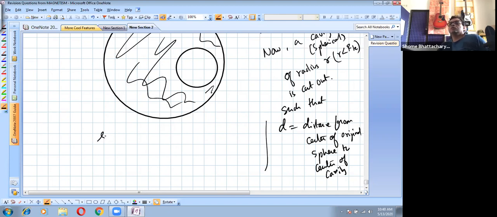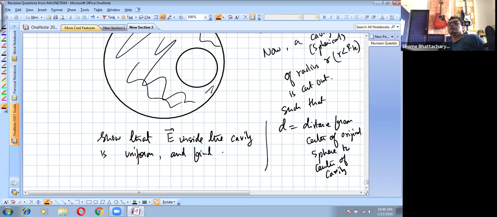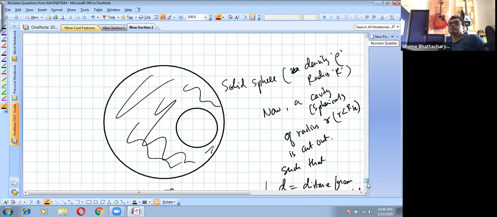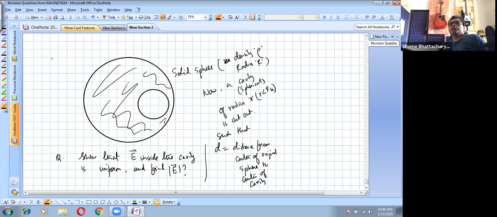So show that the gravitational field inside the cavity is uniform, and find its magnitude. So again, this is like a standard theorem you should know actually, that this kind of situation gives you a uniform gravitational field.